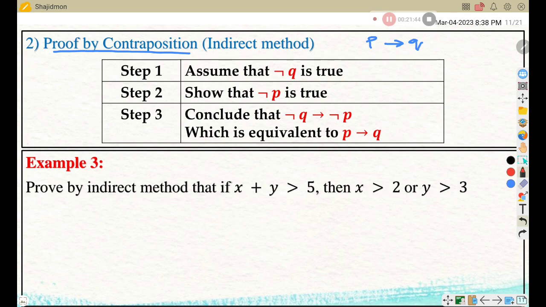For the indirect way, proof by contraposition, we just take the contrapositive of this statement. You remember in the first section we studied the contrapositive. What is the contrapositive of P implies Q? Negation of Q implies negation of P, correct?